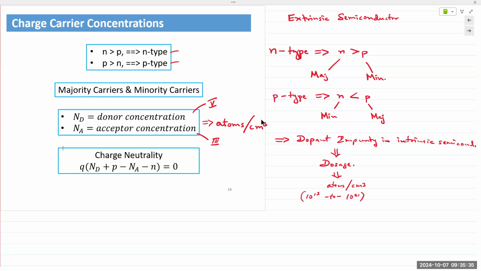So there are four intrinsic electrons plus 4 from the column 5 element, whatever that might be. 4 plus 4 gives you 8. So there's one extra electron left over. And so now we are donating that electron for charge conduction. And that's why they're known as donor atoms.